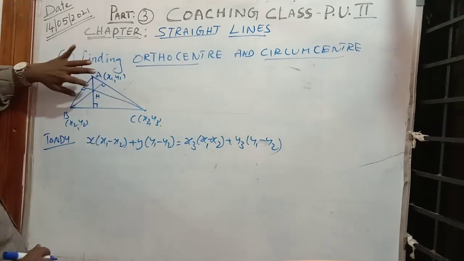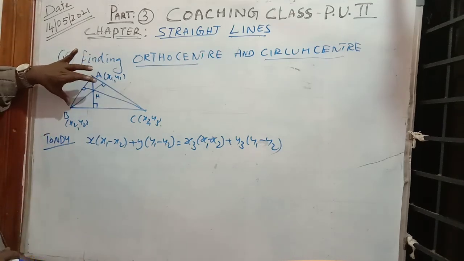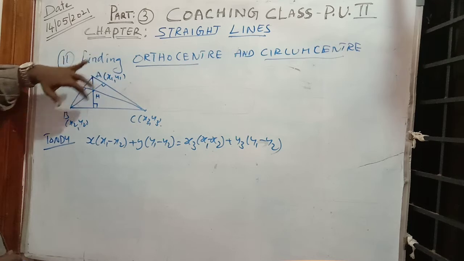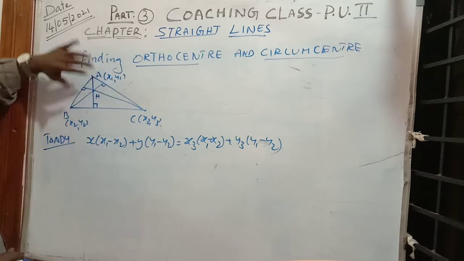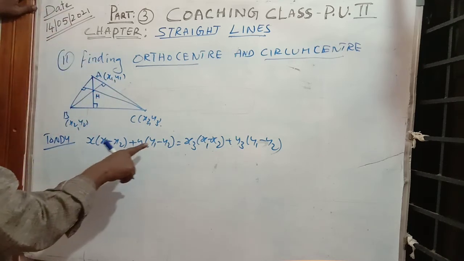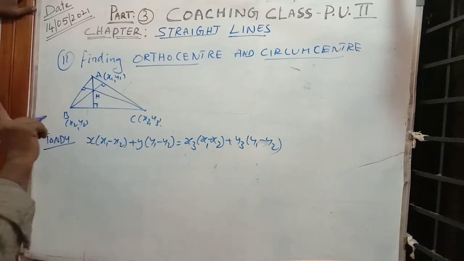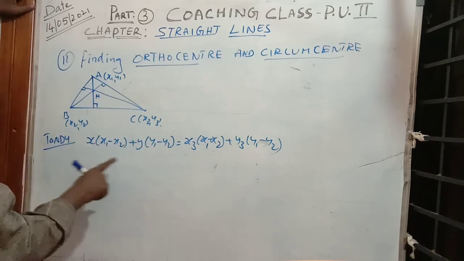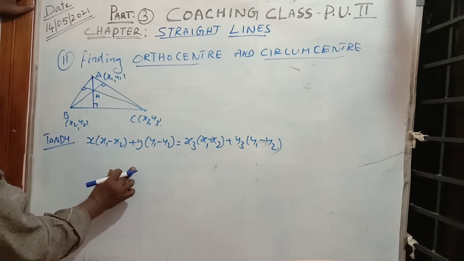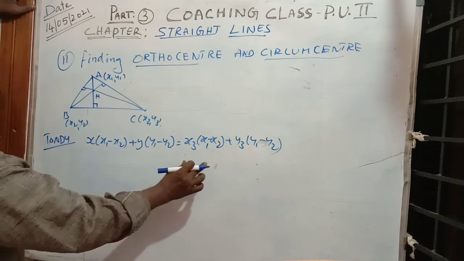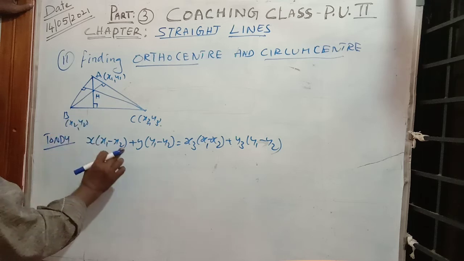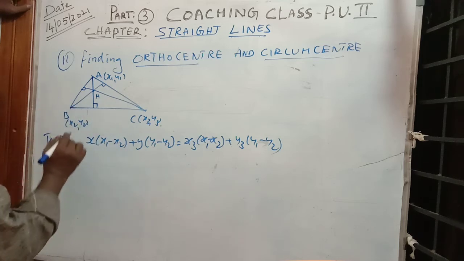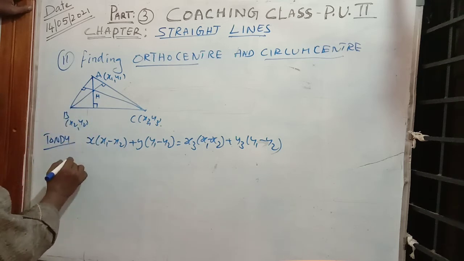Here, x1, y1, x2, y2, x3, y3 are numbers only. If you substitute the numbers here, we will get a simple equation, that is 2x plus 3y is equal to 7, like that.